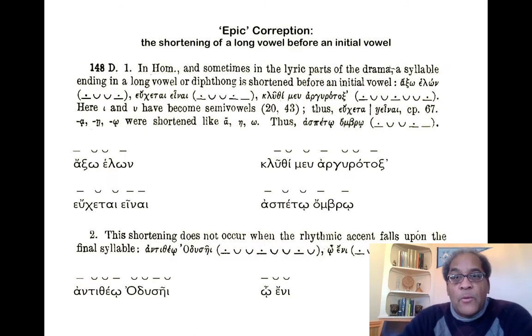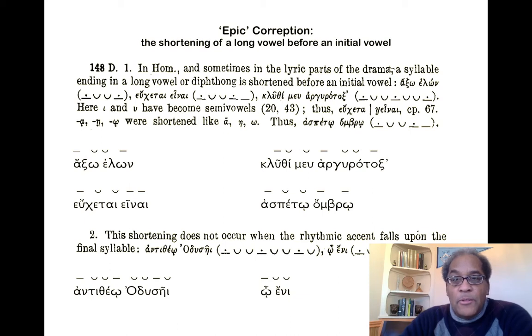Now, epic corruption. This is a bit more subtle. Smyth 148 D1: in Homer, and sometimes in the lyric parts of drama, a syllable ending in a long vowel or diphthong is shortened before an initial vowel.